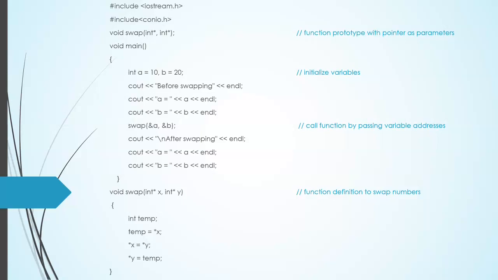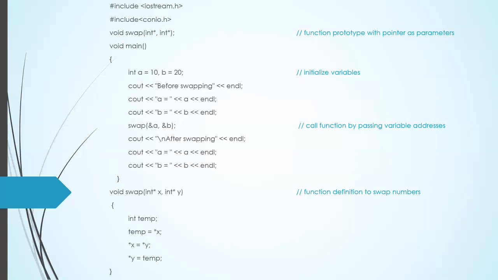Now the swap function work has finished, so the control will be sent back to the calling function. The next statement will print A and B values after swapping, and the values will be printed as A value 20 and B value 10.